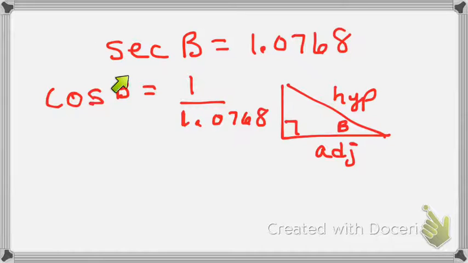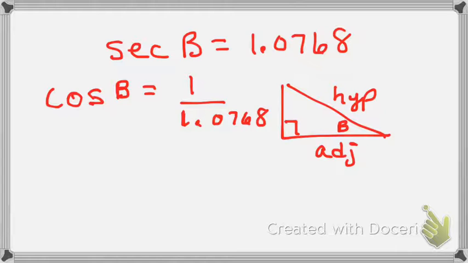So if secant's equal to this, that means cosine's equal to this. Does that make sense? I just took this thing and flipped it over. If I had a 3/4 there, I'd make it a 4/3. But since it's a decimal, that's how I can flip it over. All right, that I can type into the calculator.